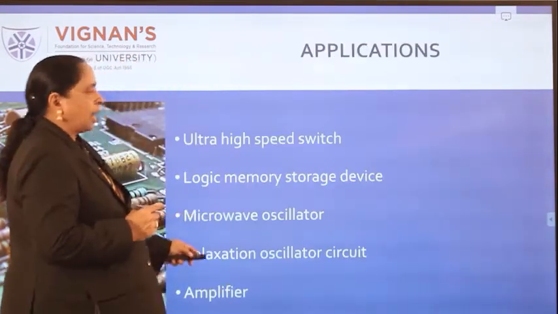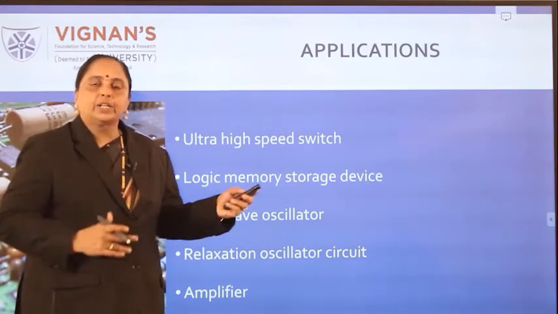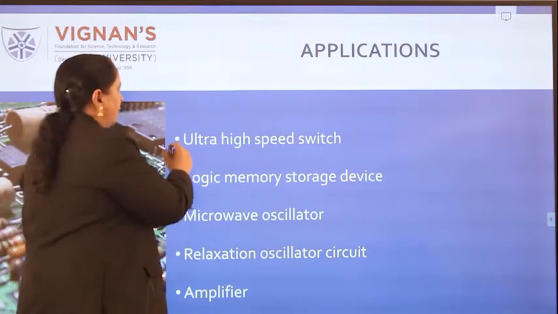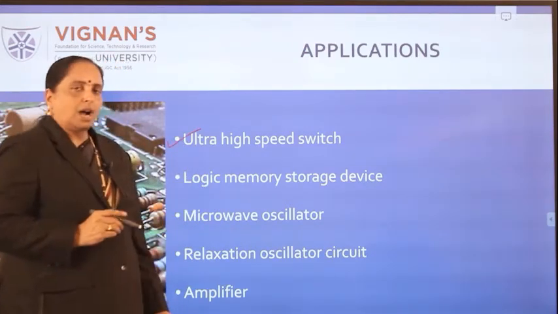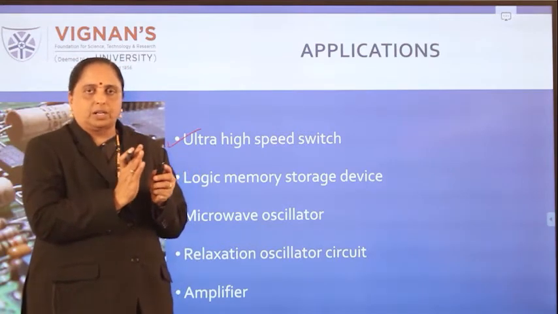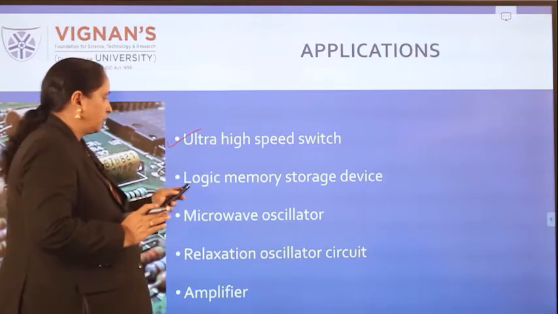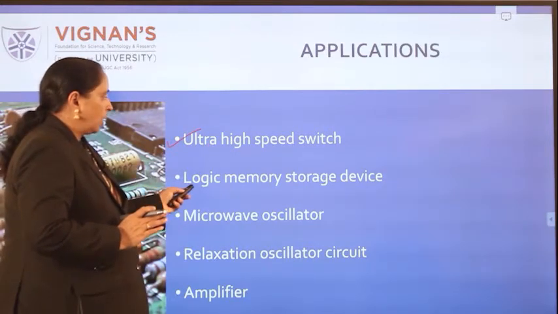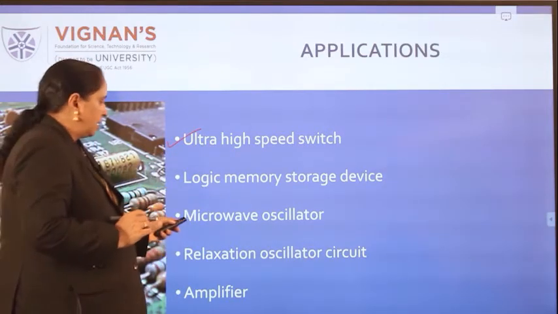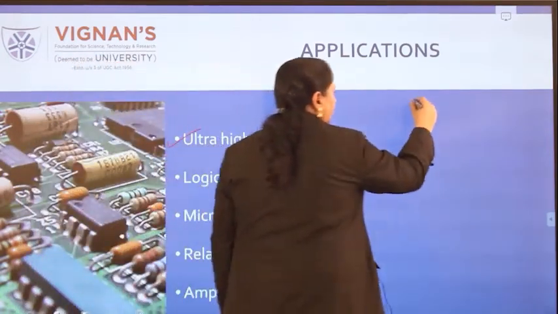Then applications. These very good advantages lead to several applications. The very important application is ultra high speed switch because of its low time period here. That's why high speed is possible. Logic memory storage device, because it has a characteristic like this.